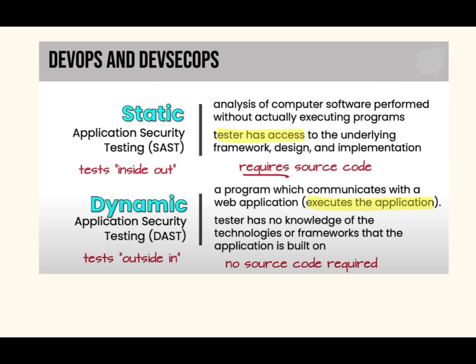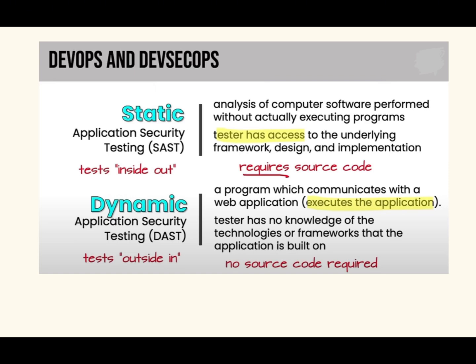Now DAST. Think of it like testing the door lock after the house is built. It simulates attacks on a running application and checks how the app responds to malicious inputs. The tool sends fake login requests, input fuzzing, cross-site scripting payloads, etc. It does not know what's inside, it just tests from the outside in. Therefore, it is called outside in.